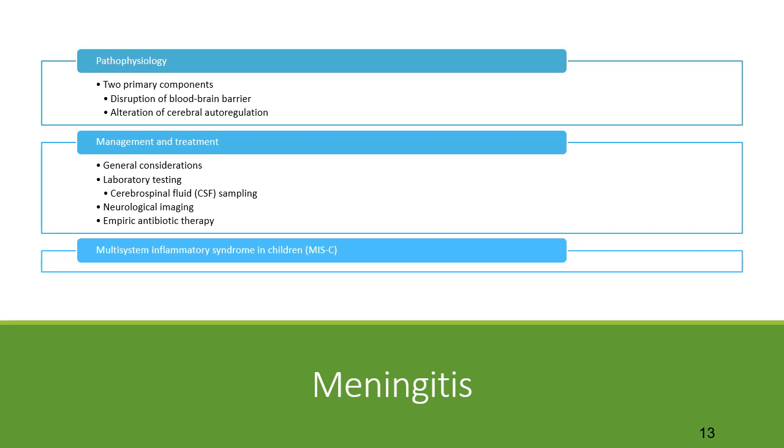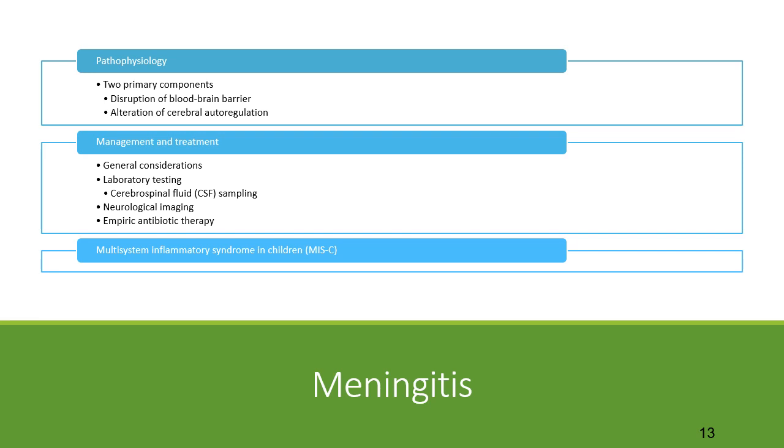Laboratory testing. Timely recognition and suspicion of meningitis is essential for successful management and treatment. Early and aggressive antibiotic treatment is given, given the relatively low risk versus the potential high value of antimicrobials.